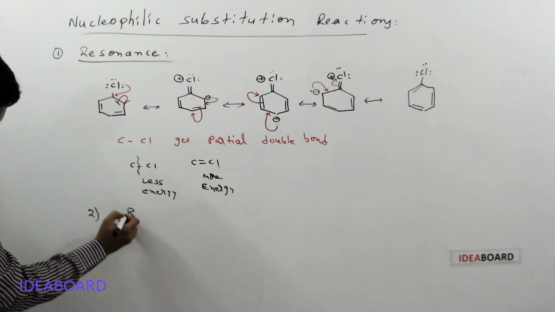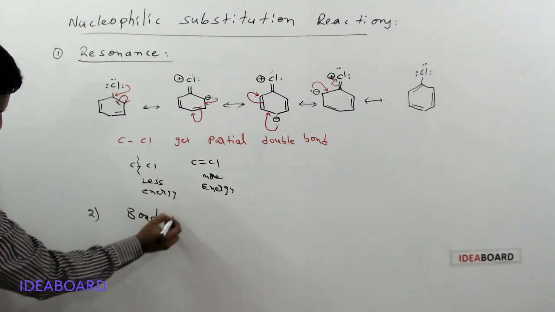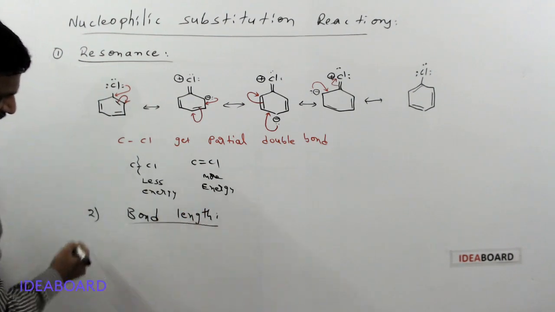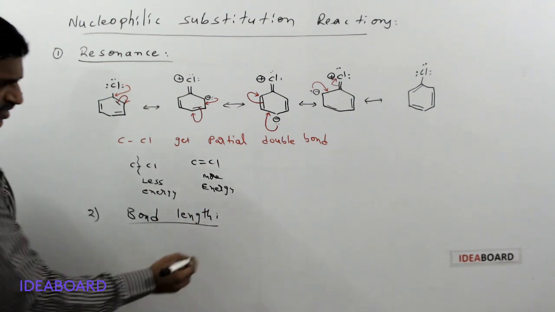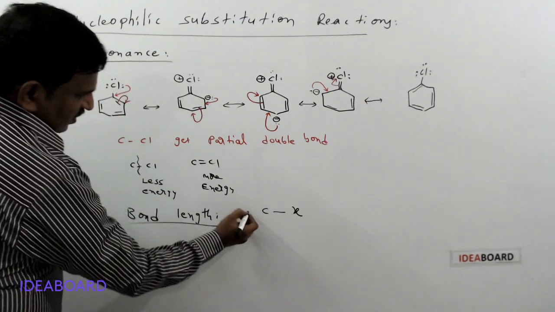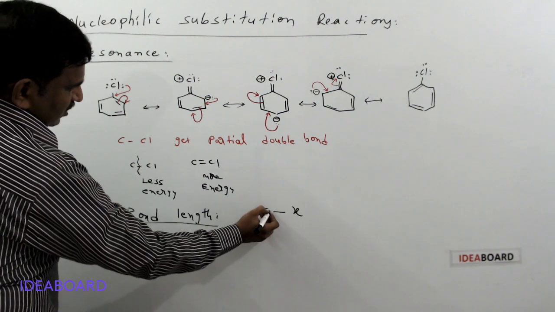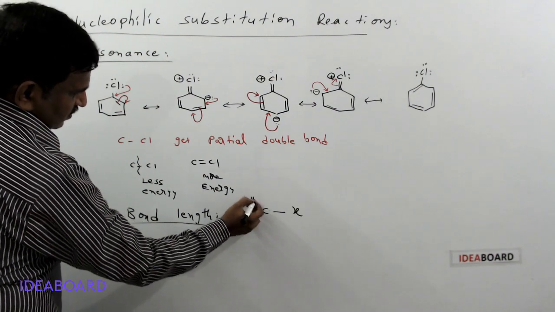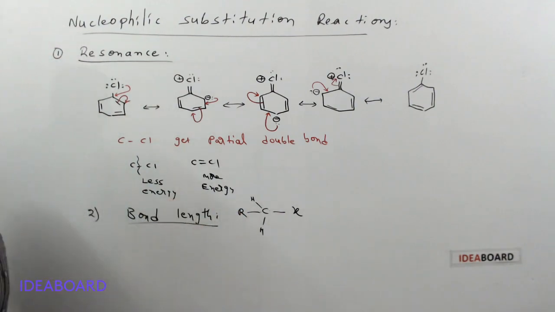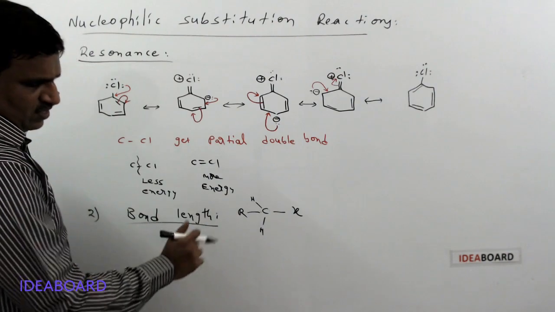Second one, bond lengths. If you are taking an alkyl halide and an aryl halide: the alkyl halide may contain X, H, H, and another alkyl group, a primary alkyl halide, whatever it may be.